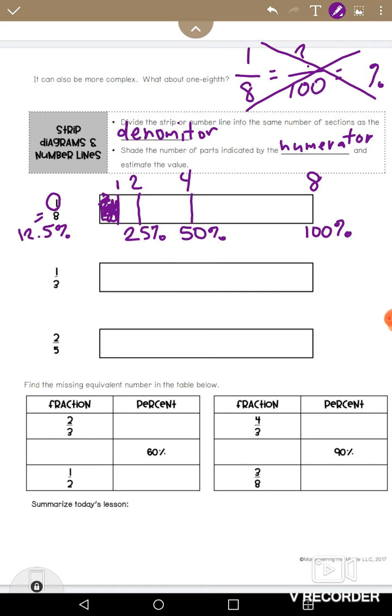1/3. This is 100%. Okay, that's 100%. We want to break it up into 3 equal pieces.